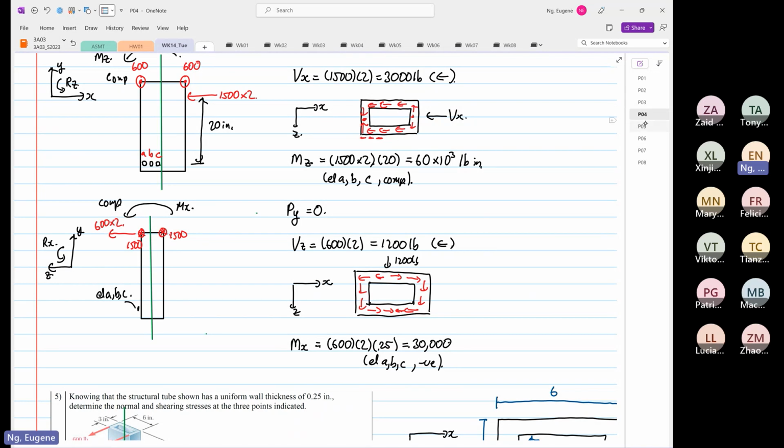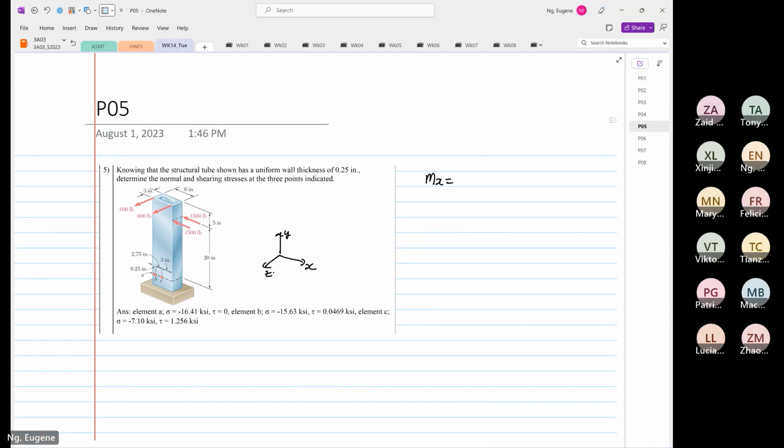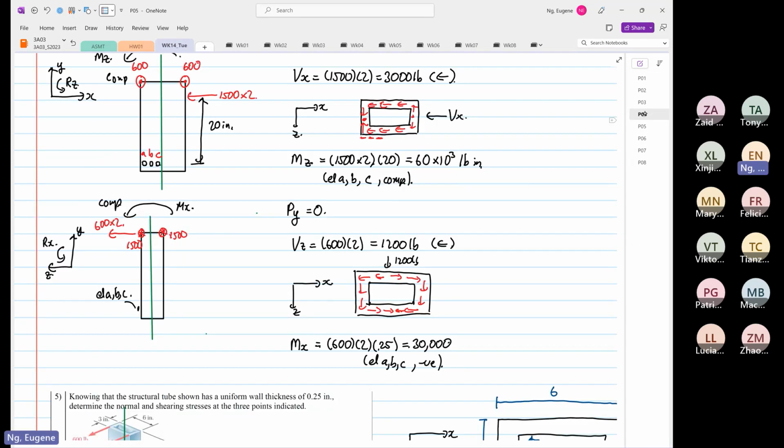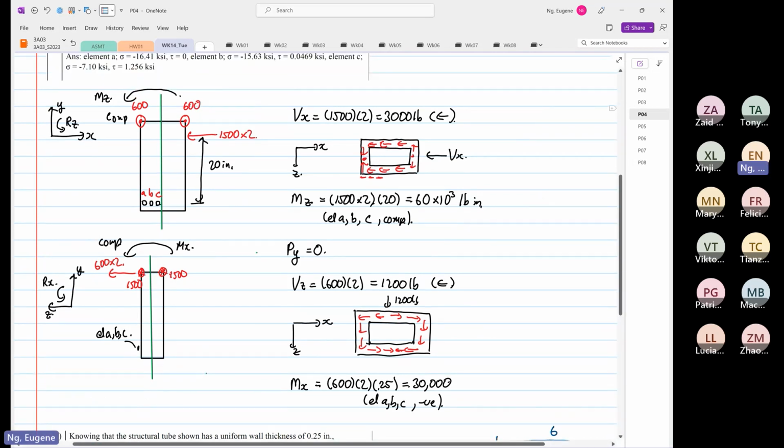So Mx is equal to 30,000 pound-inch. Mz, and because of our analysis, we also know that they are all going to be under compression. So it's 60 times 10 to the power 3.